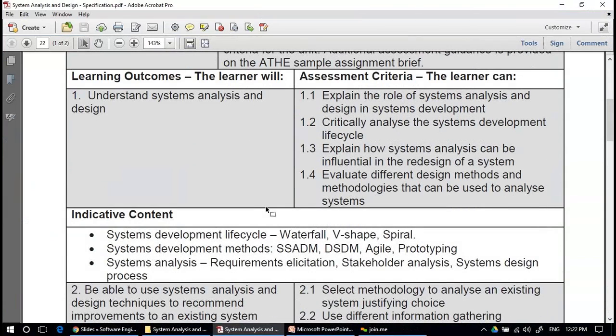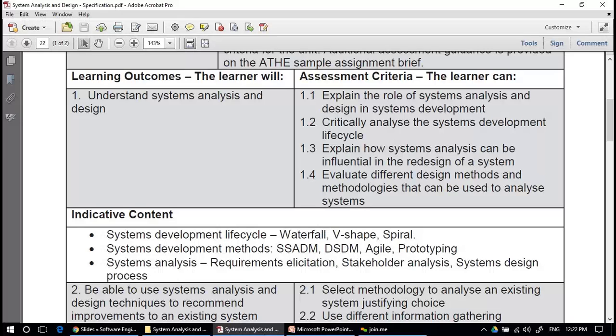So system analysis and design is basically carried out through a system development life cycle. How is it done? It is done using certain models like the waterfall model, the V-shape model, and the spiral model.